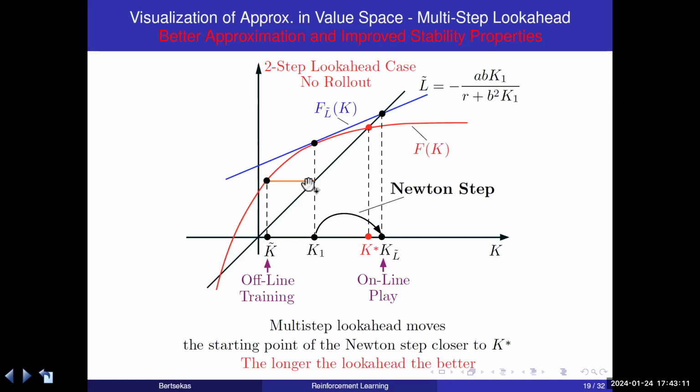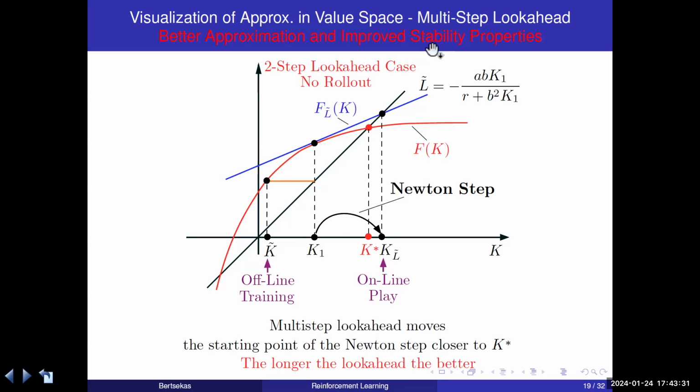In other words, extra layers of look ahead bring you closer to K star, which can bring you within the region of stability of the method. So that's an extra benefit of multi-step look ahead. Not only better approximation of the optimal policy, but also improved stability.